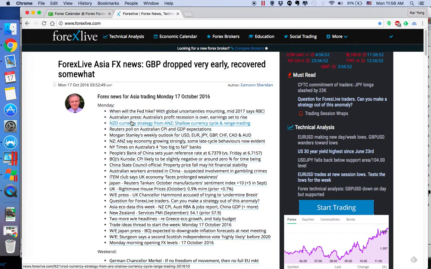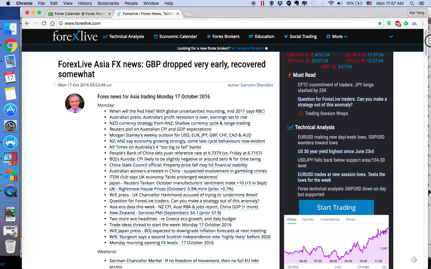From the Australian press, Australia's profit recession is over, earnings set to rise. This might give a certain bullish sentiment towards the Australian dollar, simply looking at this headline itself. Other than that, nothing much. So the sentiment from Asia will be mainly that Australia is slightly bullish. That's the overall tone.